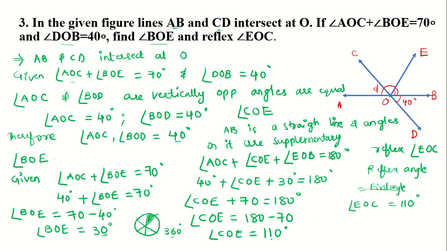We have found angle EOC as 110 degrees. Now to find this reflex angle, simply subtract this from 360 degrees. How much is 360 minus 110 degrees? It is 250 degrees. Okay. To find the reflex angle, you simply subtract the first angle from the full circle. Here 360 degrees is your full circle.